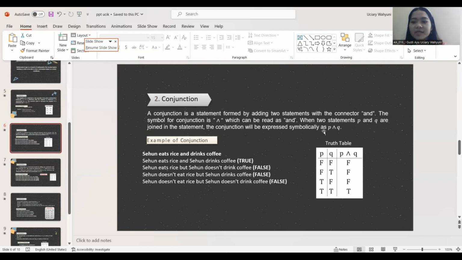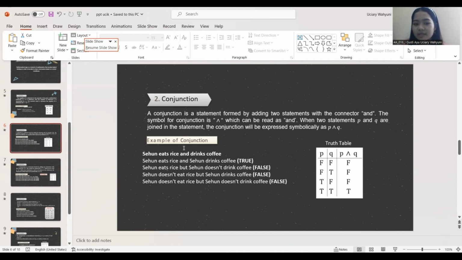When two statements P and Q are joined, the conjunction is expressed symbolically as P and Q. To answer a question about conjunction, we should look at the truth table. This is the truth table for conjunction. Conjunction is always true only if P and Q are both true.